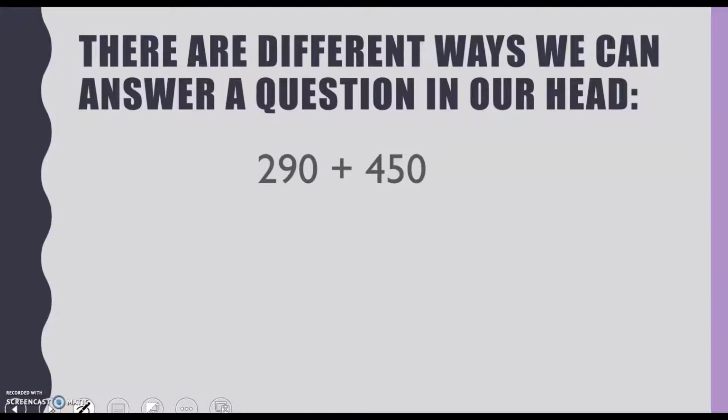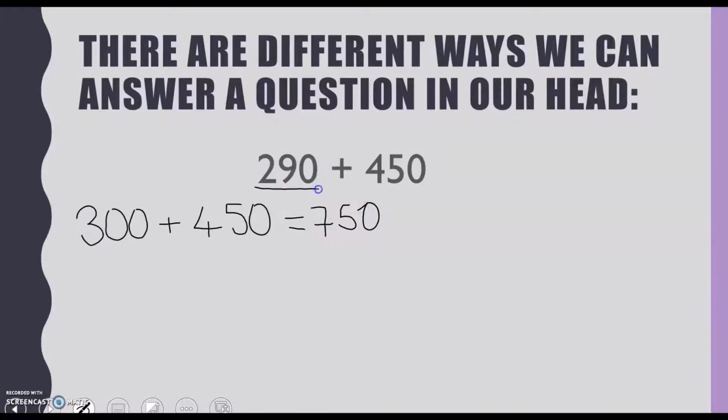For me, when I first see this question here, 290 plus 450, I automatically think, well, 290 is almost 300. So 300 plus 450. Well, 400 plus my 300 would get me up to 700, so that's going to be 750.